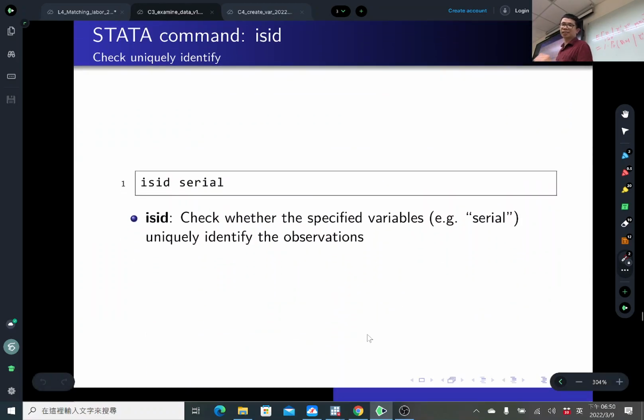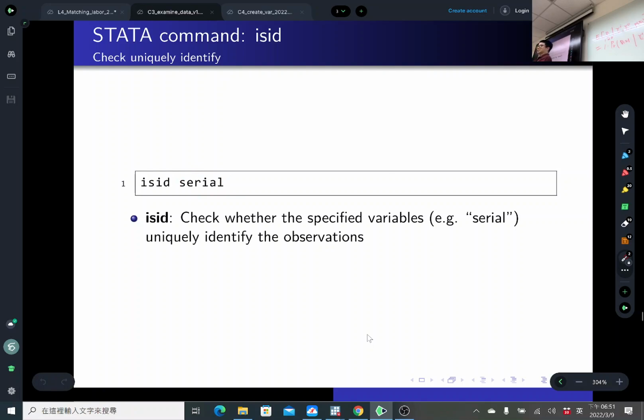So isid, again, very simple. You just type this, and the variable you want to check. It basically checks whether this variable can uniquely identify specific observations. This variable in our data set is the household number. So you can consider one household will have one number for this variable.